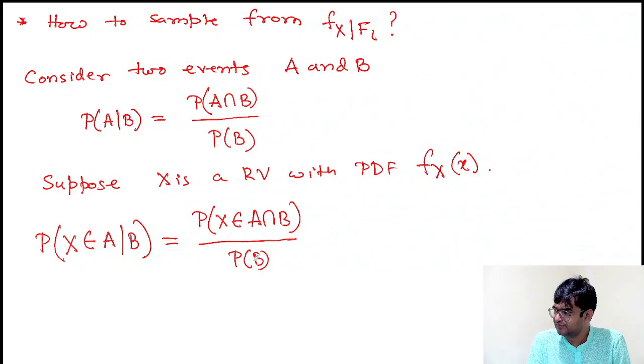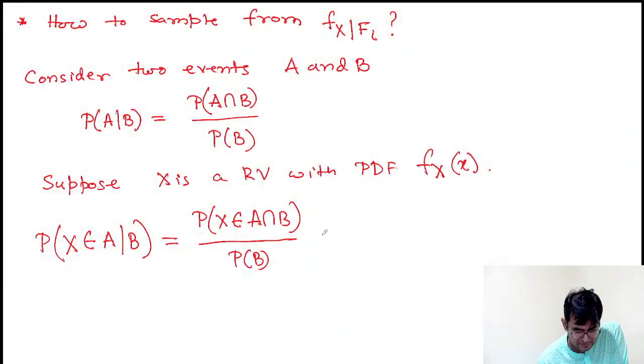So same thing. Now, what is the numerator? Can you compute it using PDF? How will you compute the numerator using the PDF? How do you compute probability using PDF? Integration. So you will do an integration of the PDF.